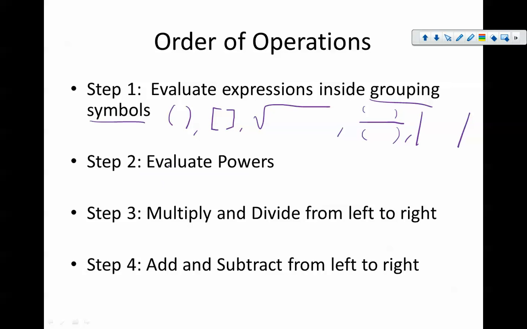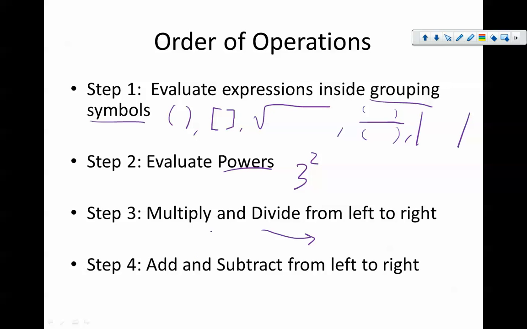Okay. Step 2 was to evaluate powers, which we talked about in 1.1. Anytime we have a power, we evaluate those second. Then we multiply and divide from left to right. Multiplication first, then division, and they work in a left to right order.